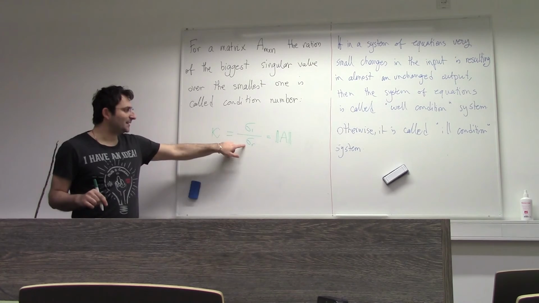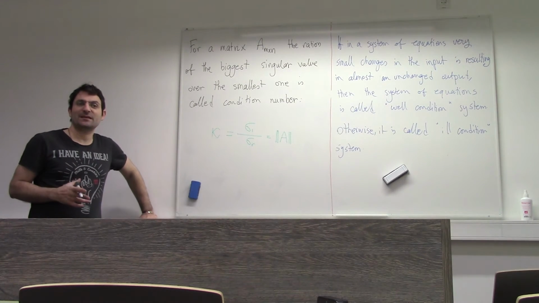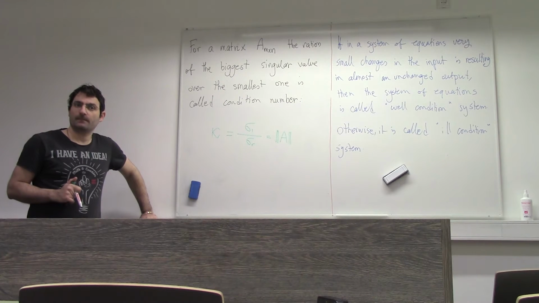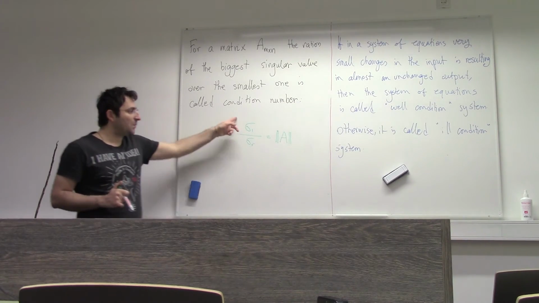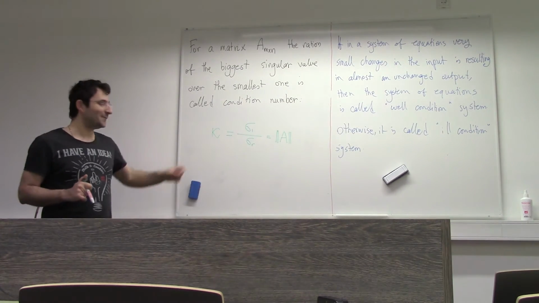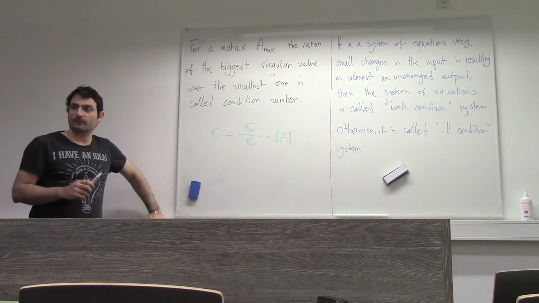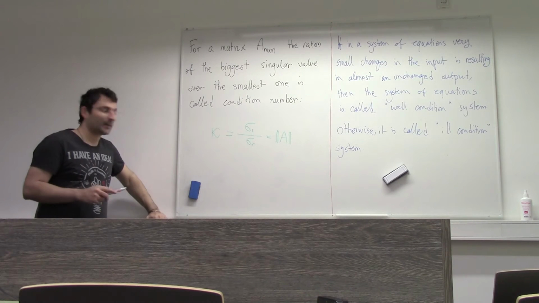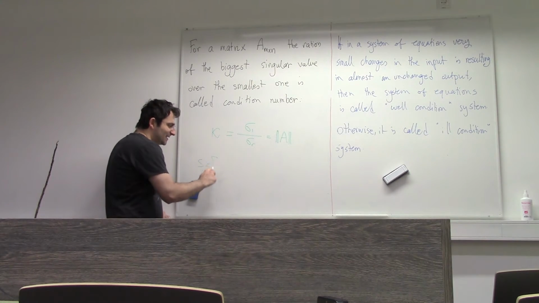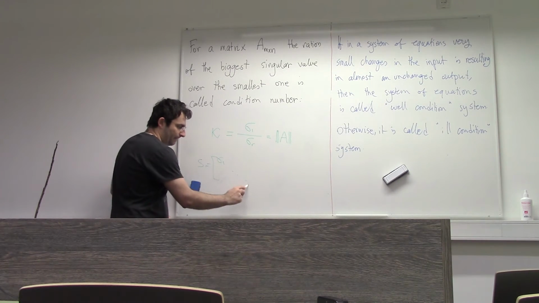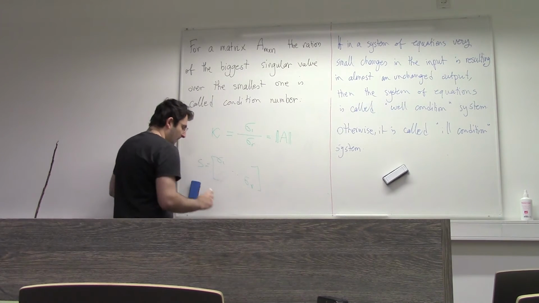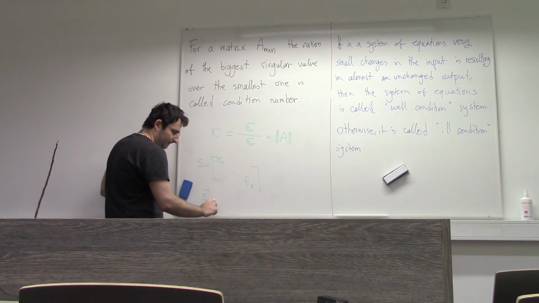Can you tell me what is sigma r? Sigma 1 is the norm of A. What can we say about an equivalent to sigma r? If S is this, what is S inverse?